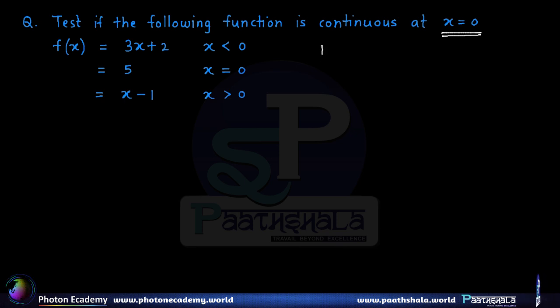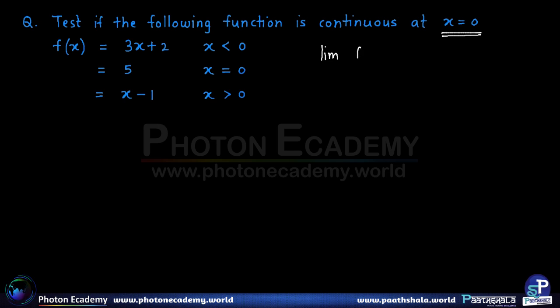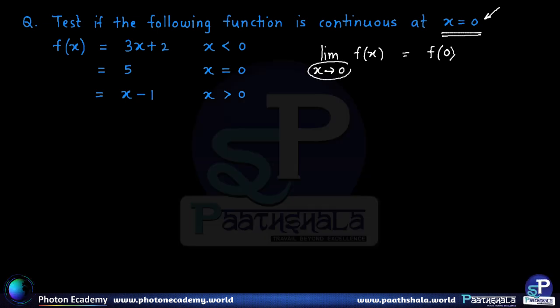Now once again, if we want to recall the definition of continuity, the limit of the function as x tends to 0 must be equal to the value of the function at x equal to 0, because x equal to 0 is the point to check. But when we say that x tends to 0, it can do so in 2 different ways, that is from the left hand side as well as the right hand side.